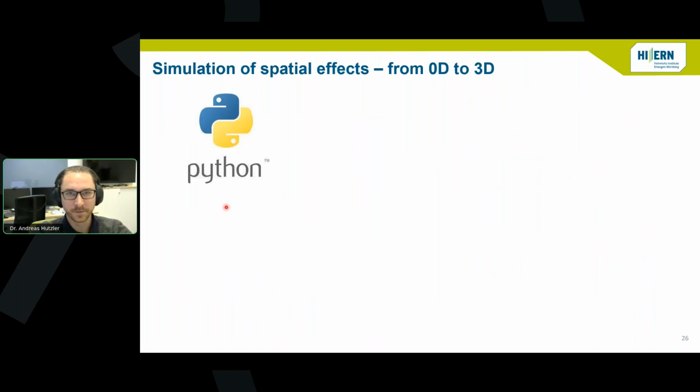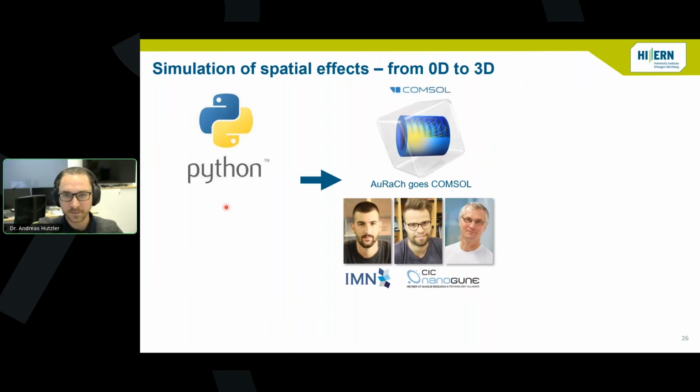Can we also simulate this spatially resolved? And therefore, we also teamed up with CIC Nanogune, Stefan Merkens, Giuseppe De Salvo, and Andrei Chubelin. Giuseppe is now at CNRS in France, but this study was still done together last year.